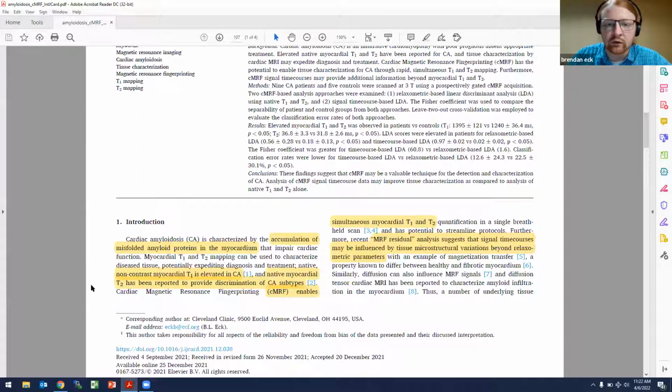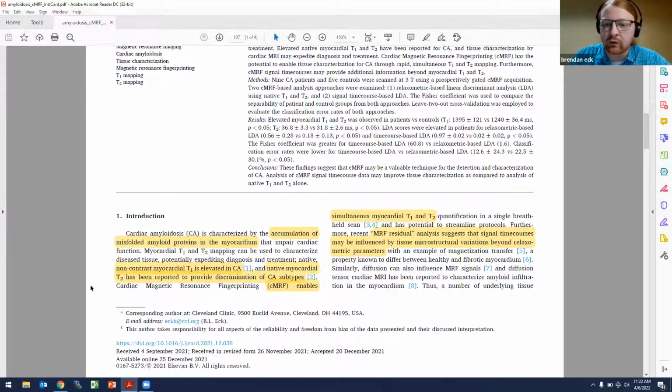So a recent report shows that MRF residual analysis suggests that signal time courses may be influenced by tissue microstructural variations beyond relaxometric parameters. With this example from this report, there's magnetization transfer, for example, and this is known to be a property that differs between healthy and fibrotic myocardium.